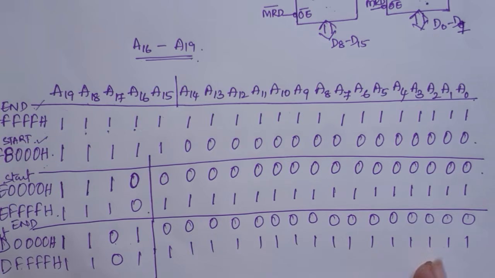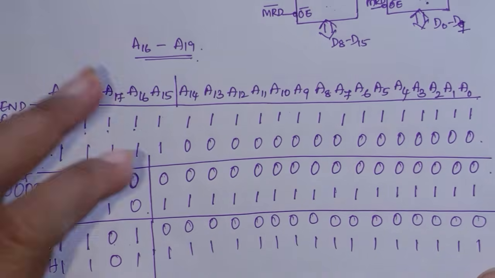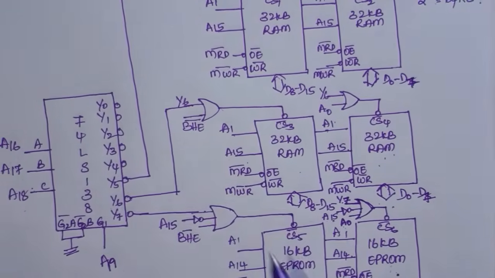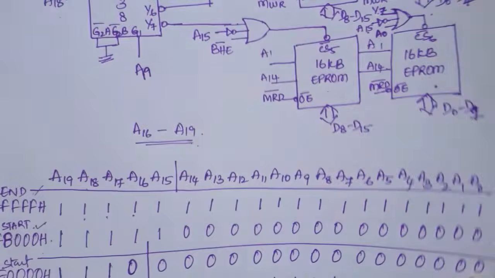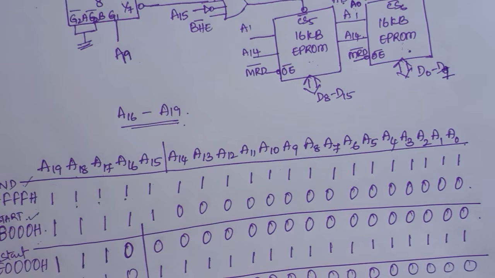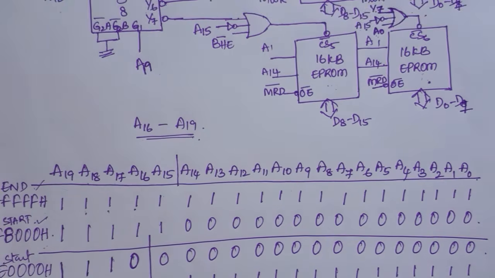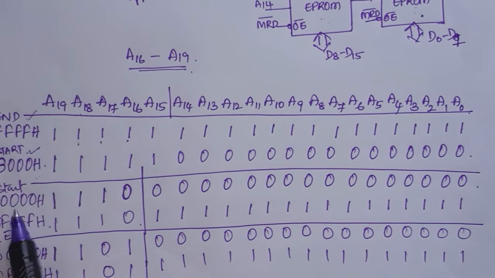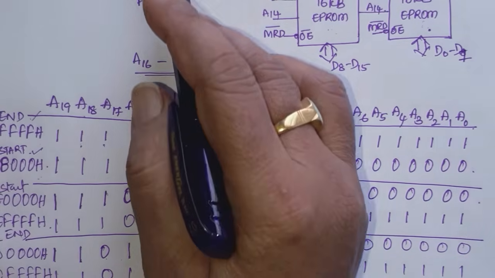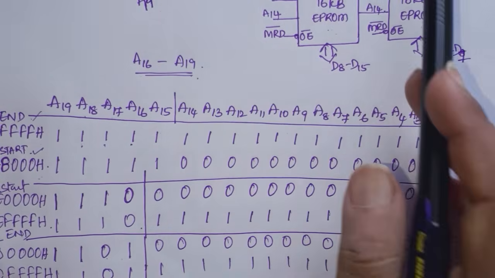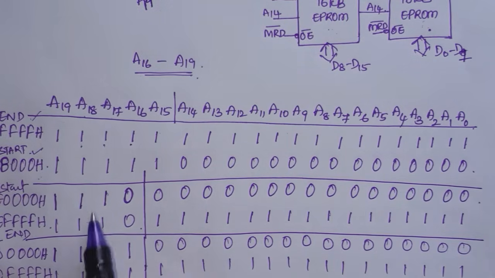Instead of Y5 and Y6, if you want the start address at zero, then these bits must be equal to 000. If you change A16, 17, the address range will change then. If you use Y0 and Y1 for this RAM chip selection, then the address ranges will change.